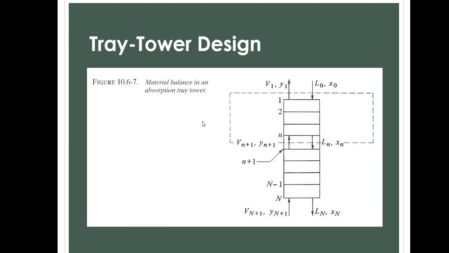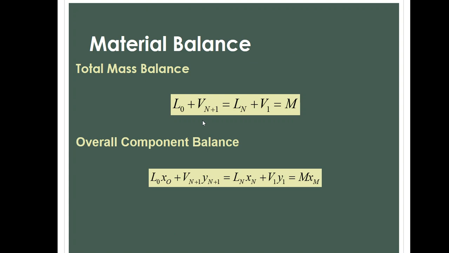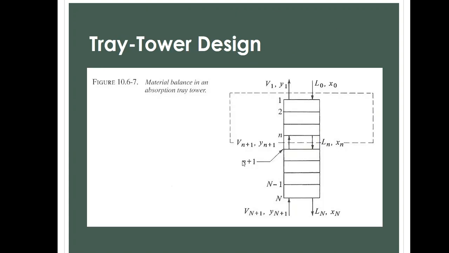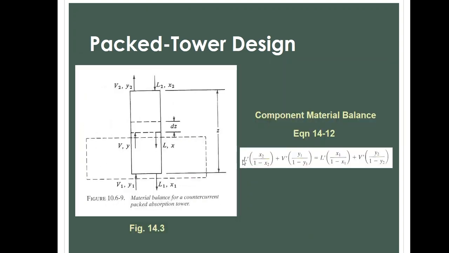If in the single stage contactor or equilibrium system for gas absorption, we have an equation that uses inert phases. These two are already used. Then we can also use that particular equation here. If you notice, I have L primes and V primes, L primes and V primes.